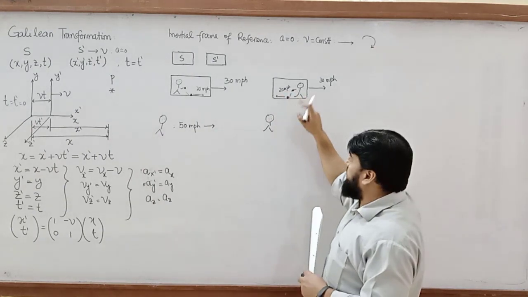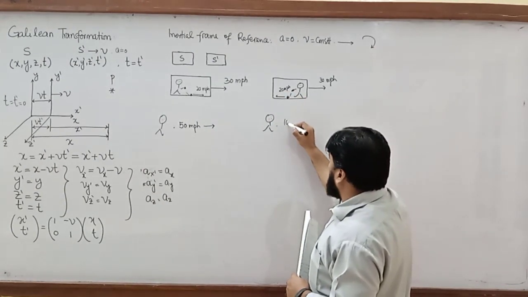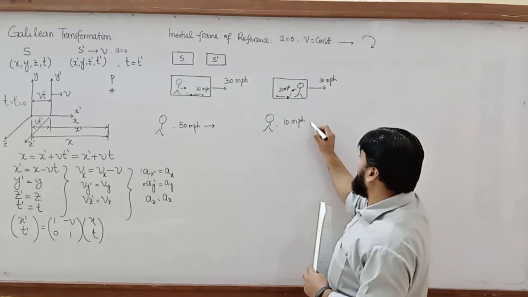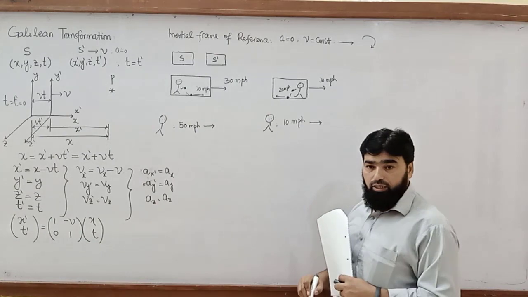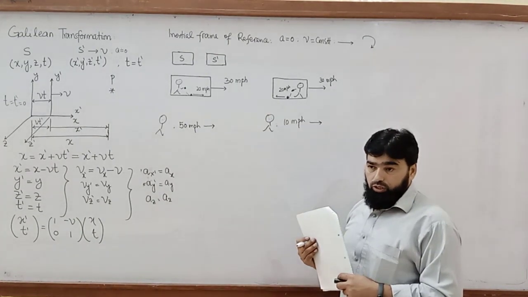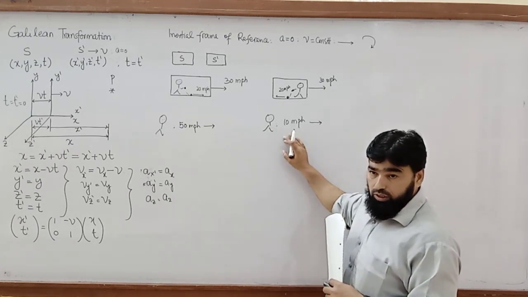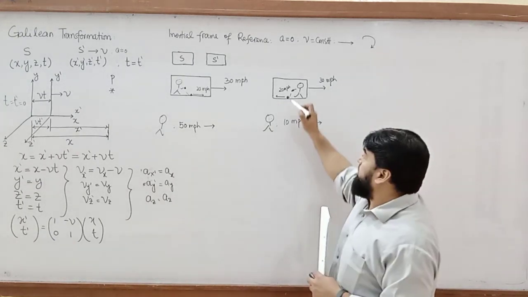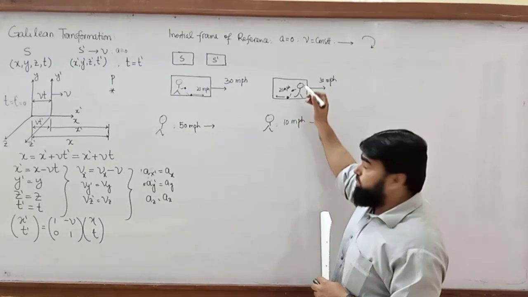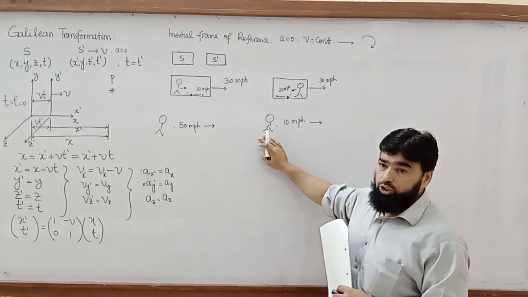What this observer is seeing is that the ball is moving at 10 mph in the direction of the train. So it depends where the observer is, what is the status of the observer. This observer will find a different observation, while this observer will find a different observation.